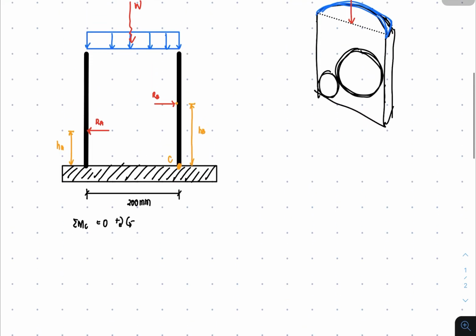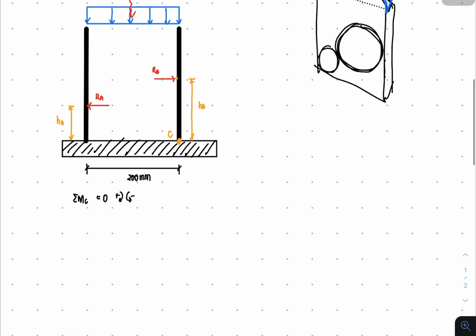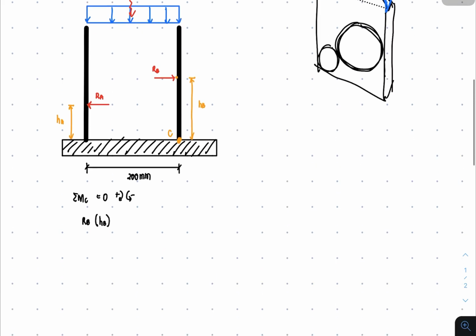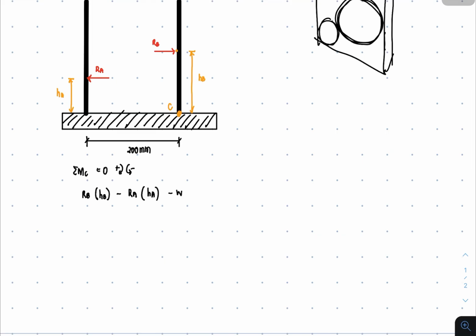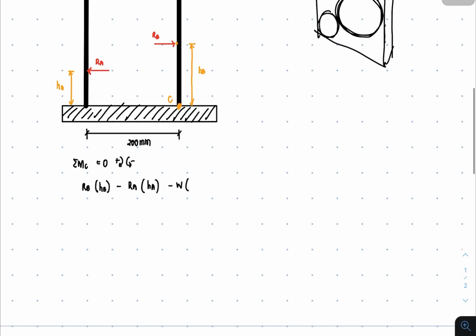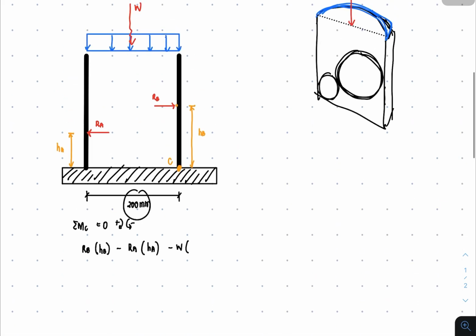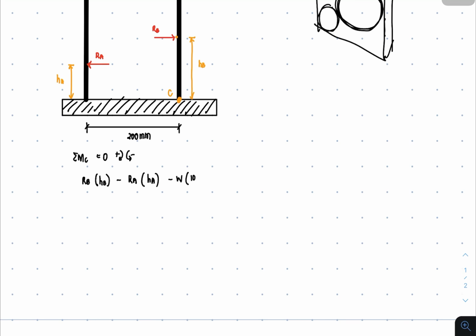Creating moments at C, we have RB clockwise times HB, minus RA counterclockwise times HA, and then counterclockwise W multiplied by 1/2 of the 200, which is 100 mm, equals 0.